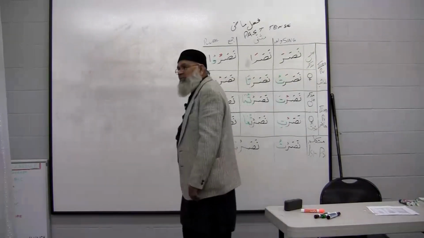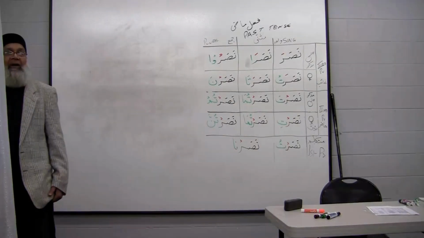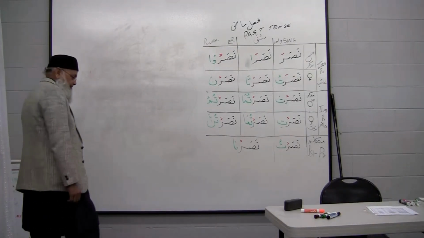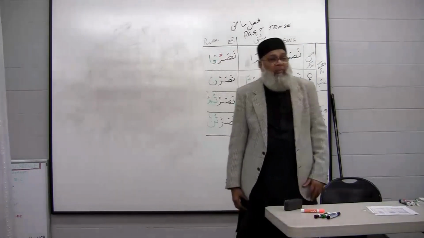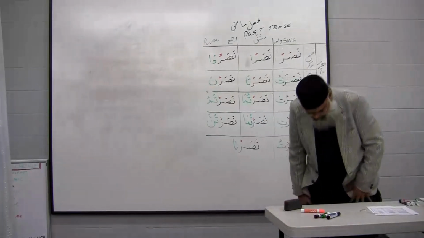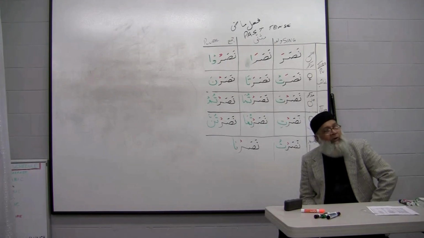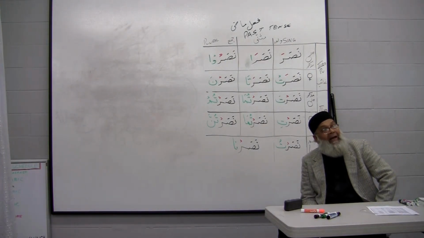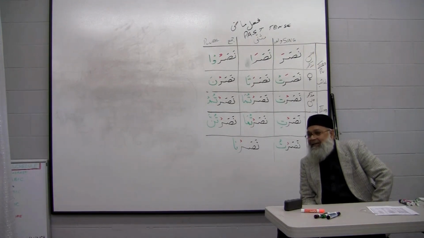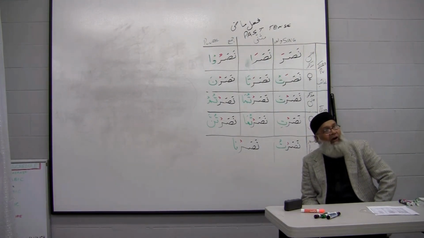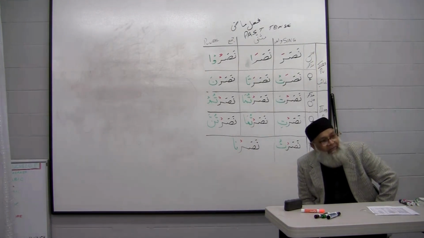How many cases of the nasab form have we studied so far? Mansubat. First was the mubtada of the sentence having inna in the beginning. Inna, anna, kanna, laita, lakinna, la'alla. They caused the mubtada of the sentence to go to the nasab form.